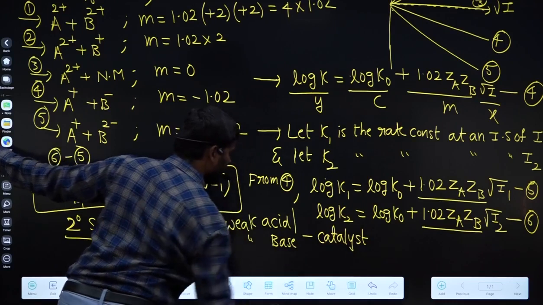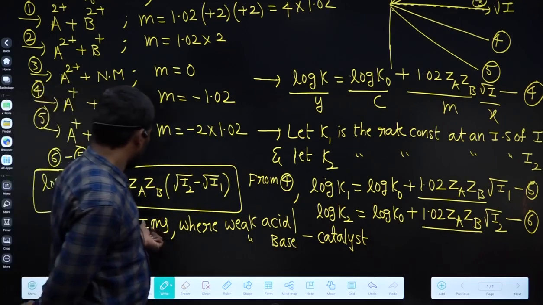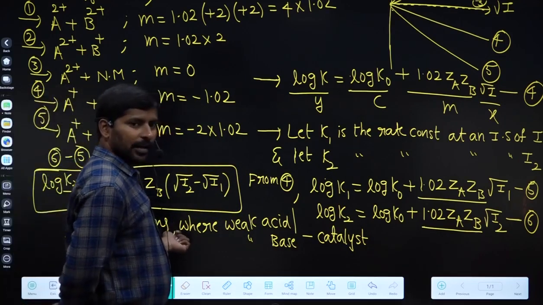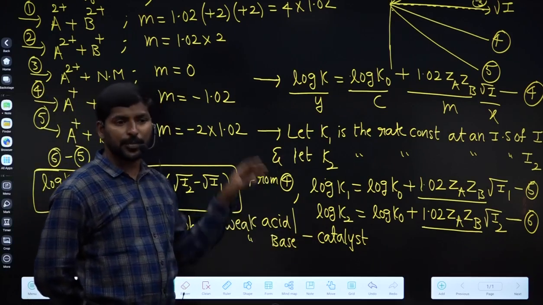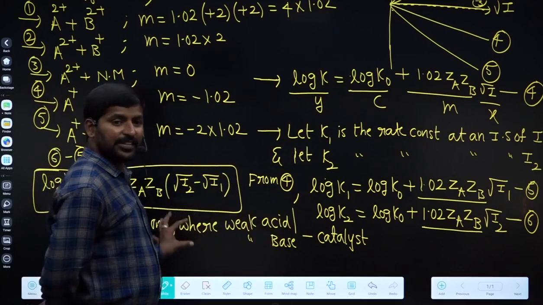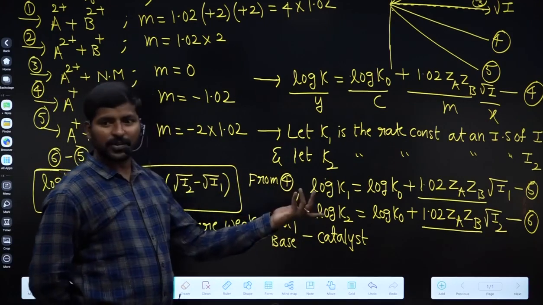Because of the presence of ions, the activity of the catalyst may be changed. If these ions disturb the activity of the catalyst, the rate of reaction changes.